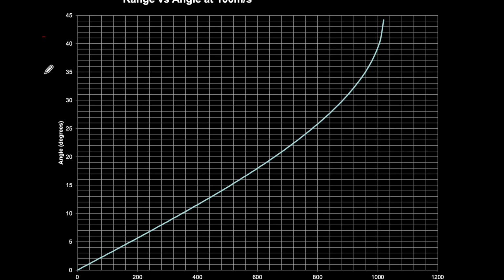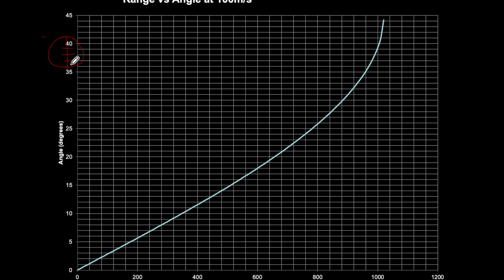If you're looking through the scope of a gun, you might see a line like this, and then you'll see these lines going across, and they'll have little markings on them. If you're trying to shoot 50 yards, 100 yards, 150 yards, you'll have these different increments.